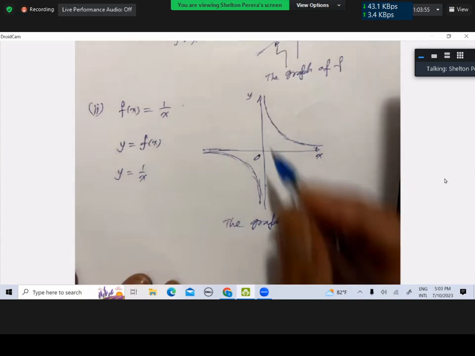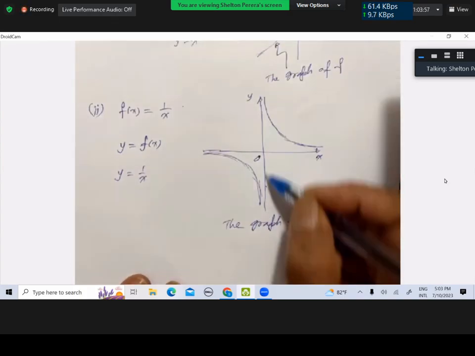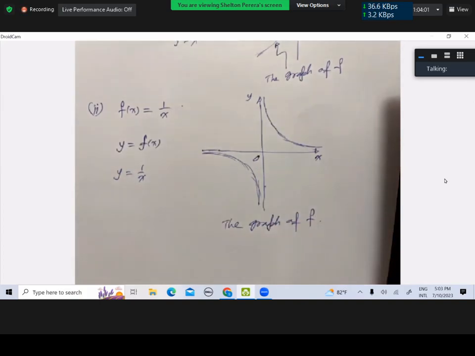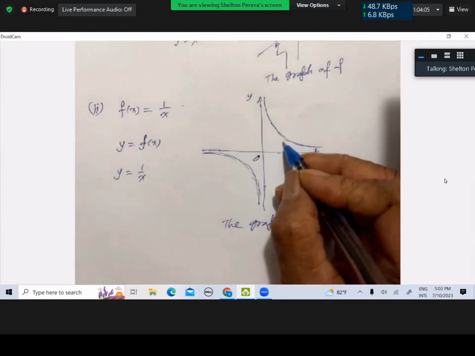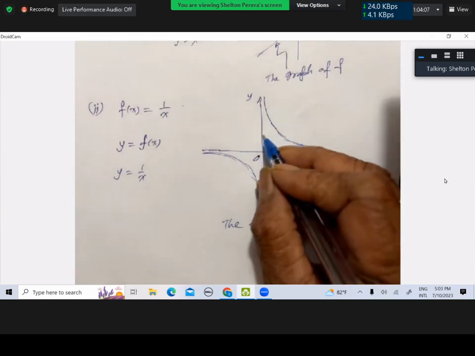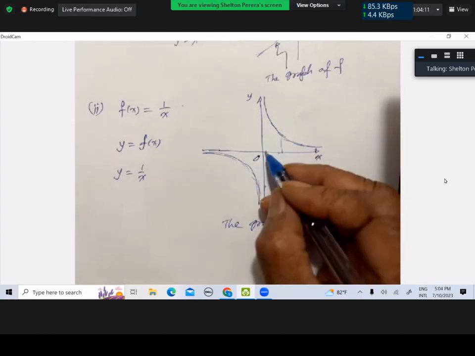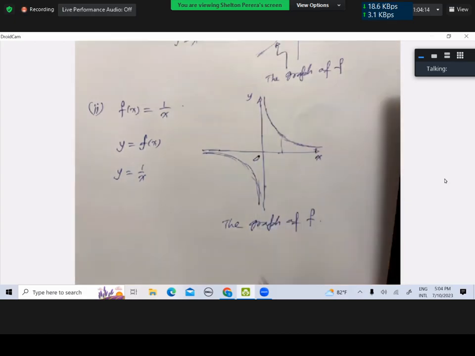Here, you see that when x is equal to 0, there is no output. When x equals 1, the output is 1. But when x equals 0, this curve doesn't cut the y-axis.